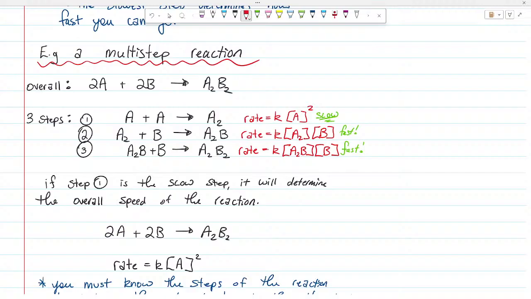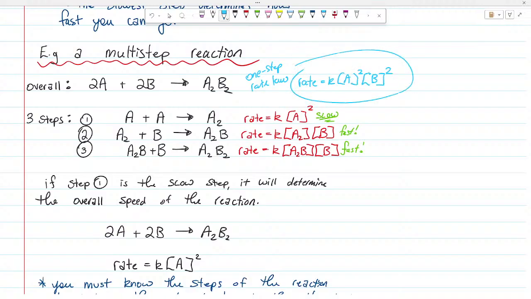And if that worked, then you'd say this is a one-step equation, because the predicted rate law, which is actually worth putting here, the one-step rate law would be rate equals K times the concentration of A squared times the concentration of B squared.